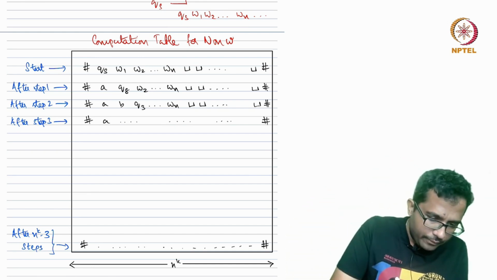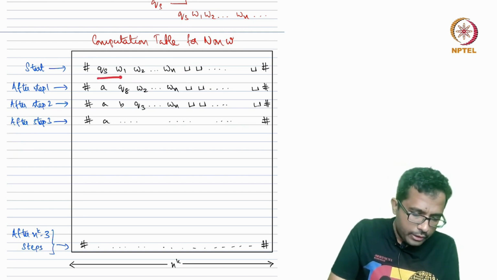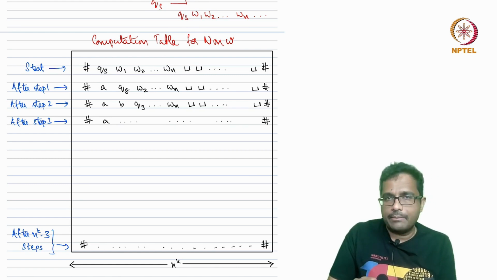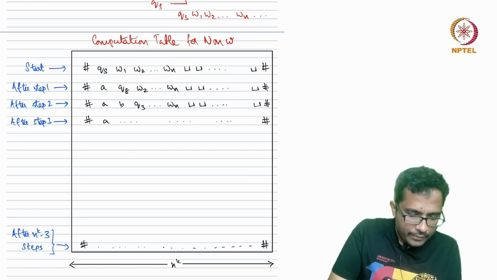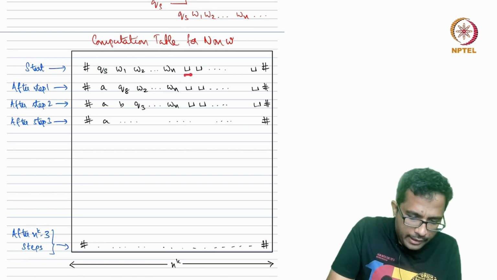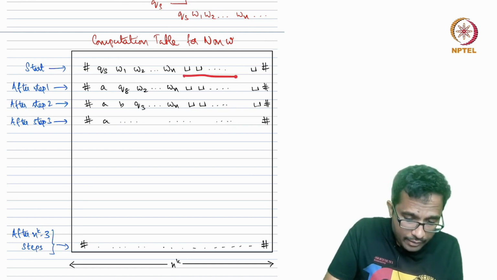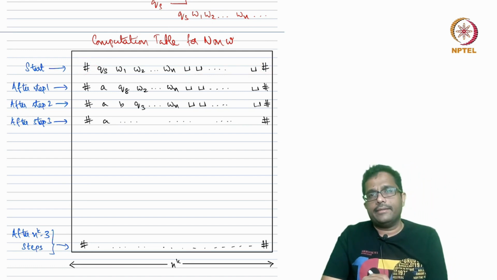To start with, this is the starting configuration where the input tape contains only the input W1 to Wn, each symbol n symbols, and the head is pointing to W1, right? That is why the start state is written here, followed by a bunch of blanks. How many blanks? We'll come to that in a moment. And then we have a delimiter hash at the beginning and end.